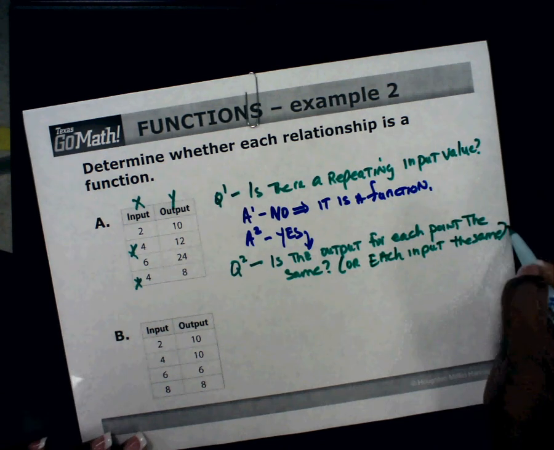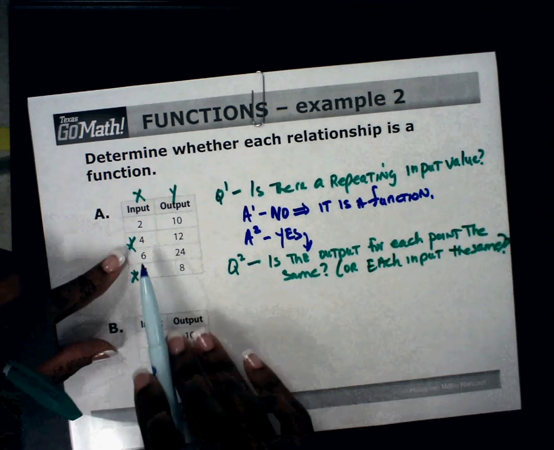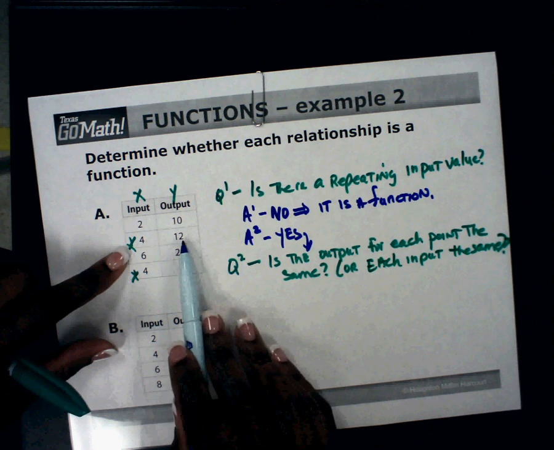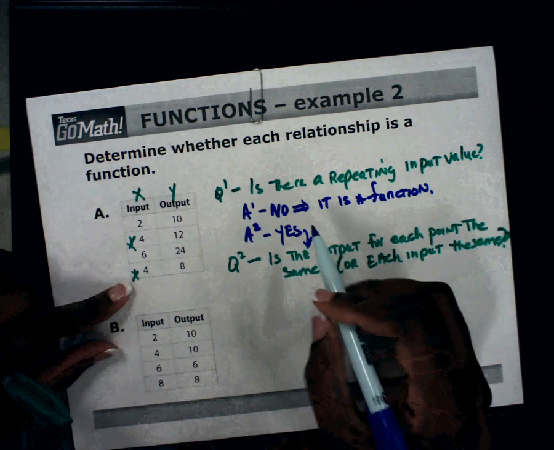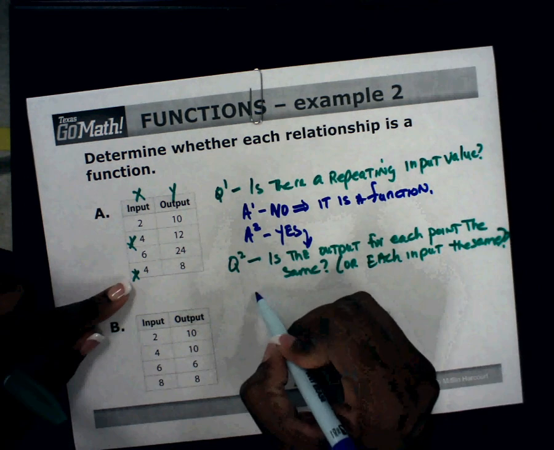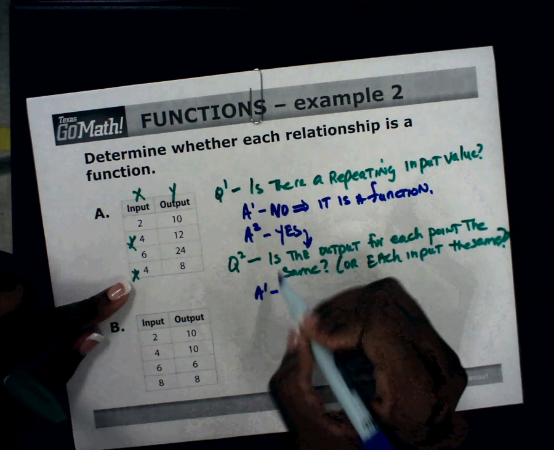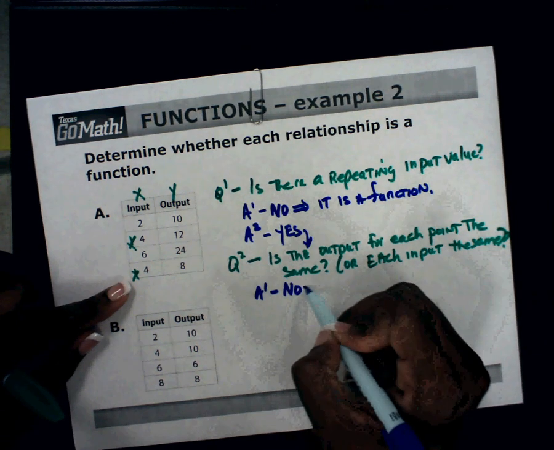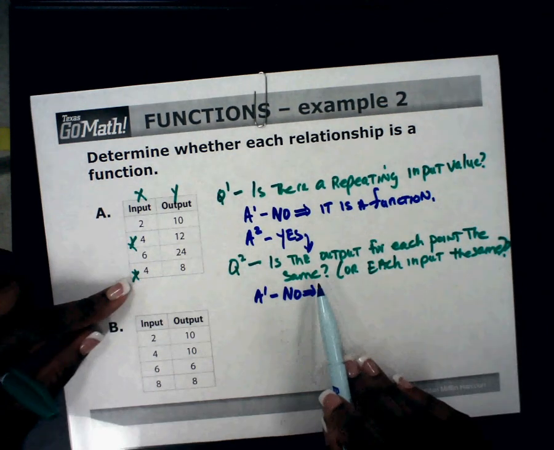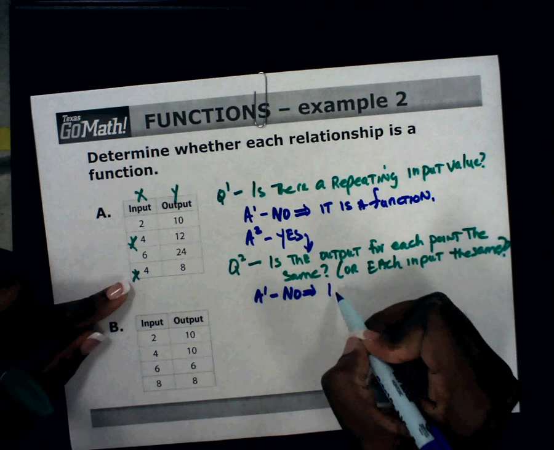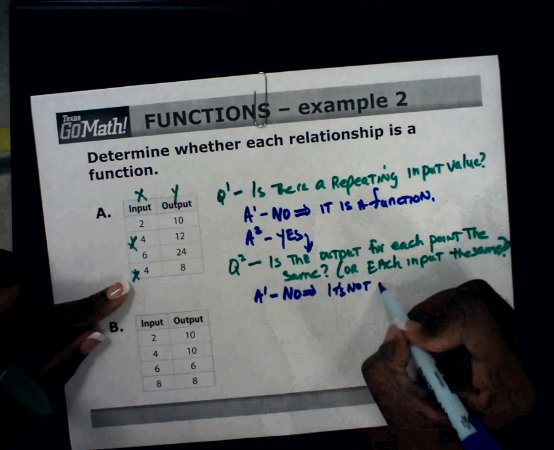Okay, so let's look at the 4. For the first one, the output is 12, but then we look at the second one, the output is 8. So if the answer is no, and I'm going backwards, I know, if they are not the same, then it's not a function.